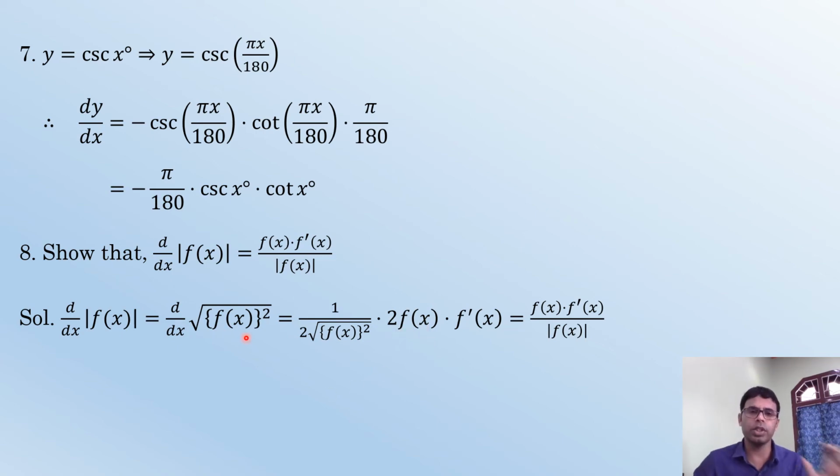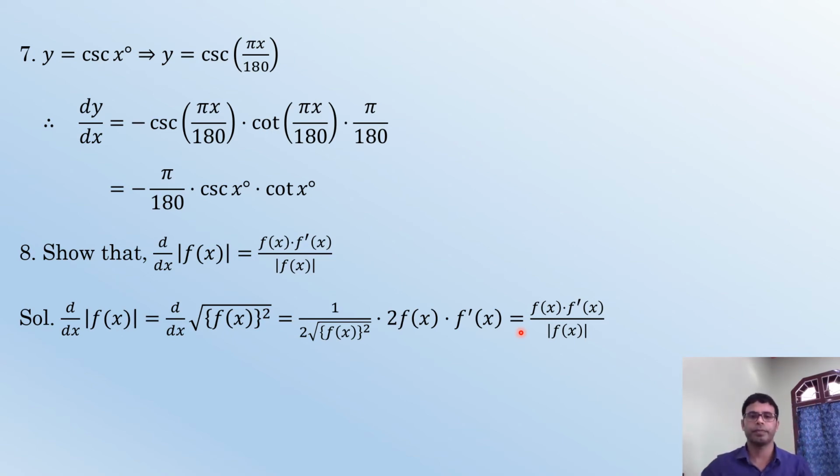Then f(x) is considered as x, therefore its derivative is simply written as f dash x, and that is equal to this: 2 and 2 will cancel out, f(x) into f dash x is the numerator, and this term is again replaced by mod of f(x).